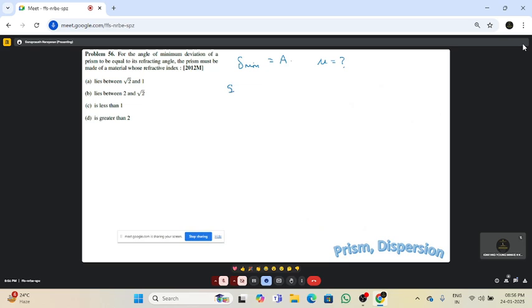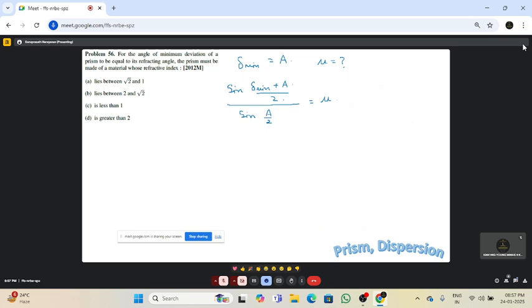So go back to the basics. sin((delta minimum plus A)/2) divided by sin(A/2) is equal to mu. So simply substitute this and find out the mu. I think you should get the answer. Let's try that.